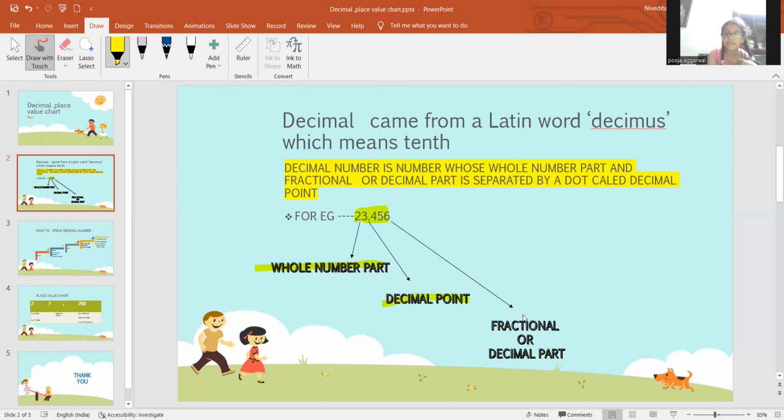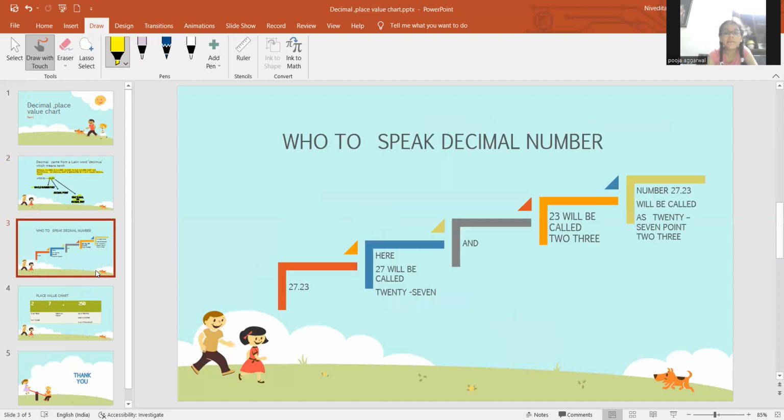And 456 is the fractional or decimal part. So 23 is the whole number here, the dot is the decimal point, and 456 is the decimal part. I think you are clear.